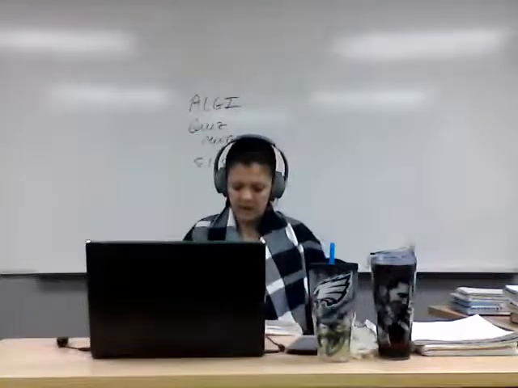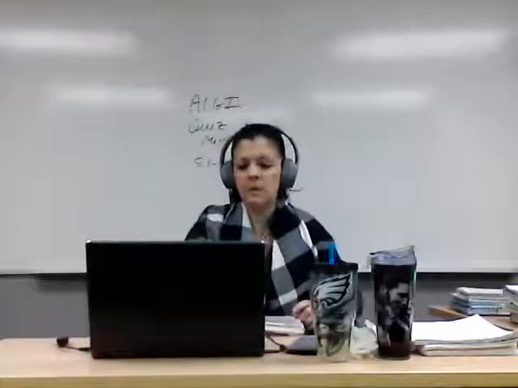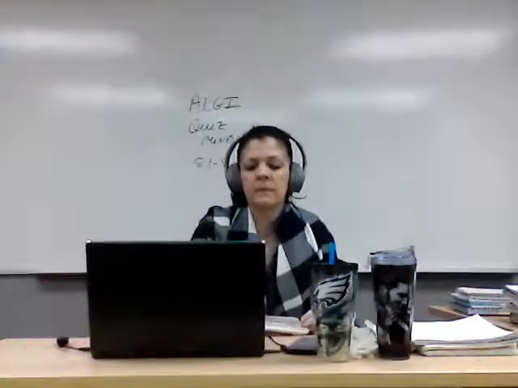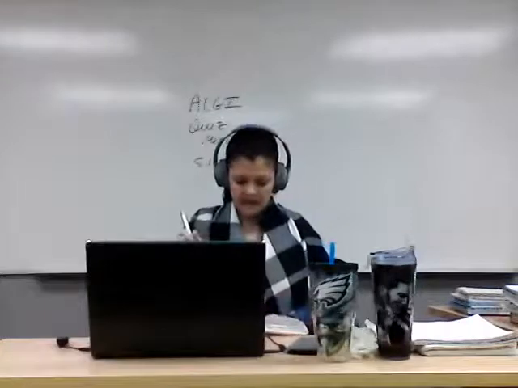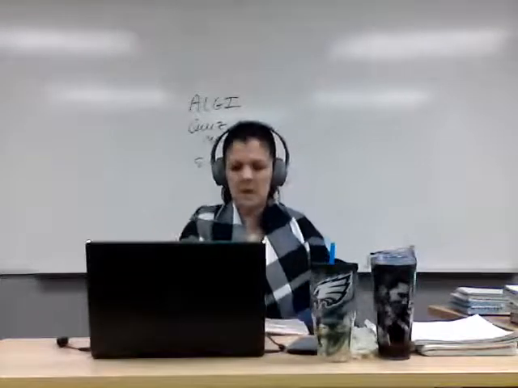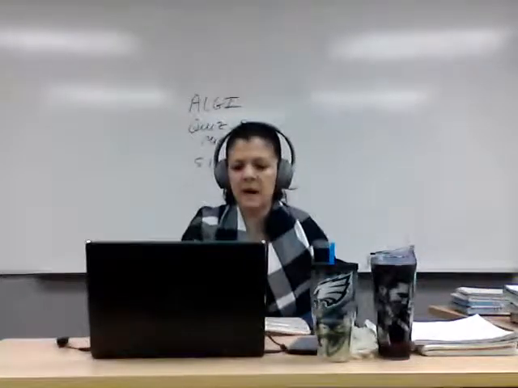Did we do 24 yet? Let's do 24. Okay, so we have the square root of 80 plus 60 times the square root of 5 plus the square root of 6.